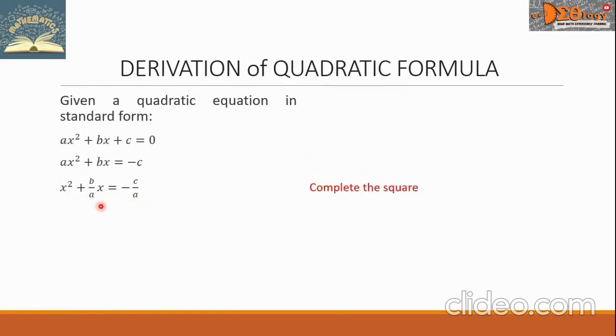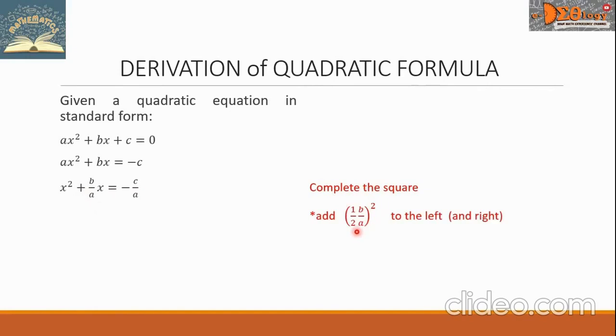Let us complete the square of the left side. It means considering the coefficient of x, the b over a. We are looking for a constant that is half of this b over a, and then we will square that value, just like this.